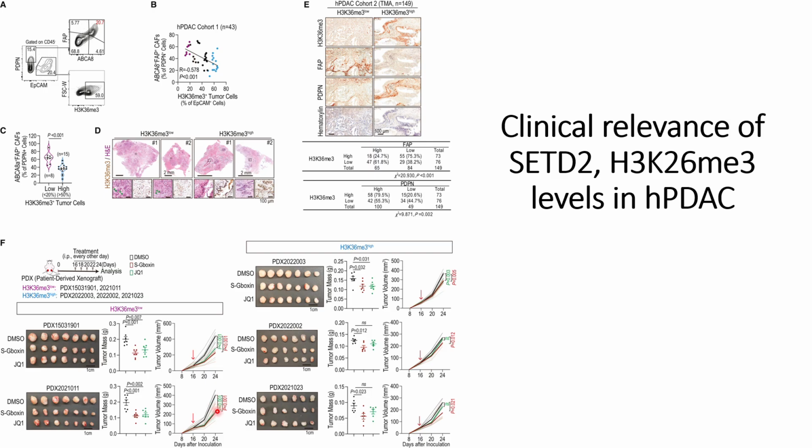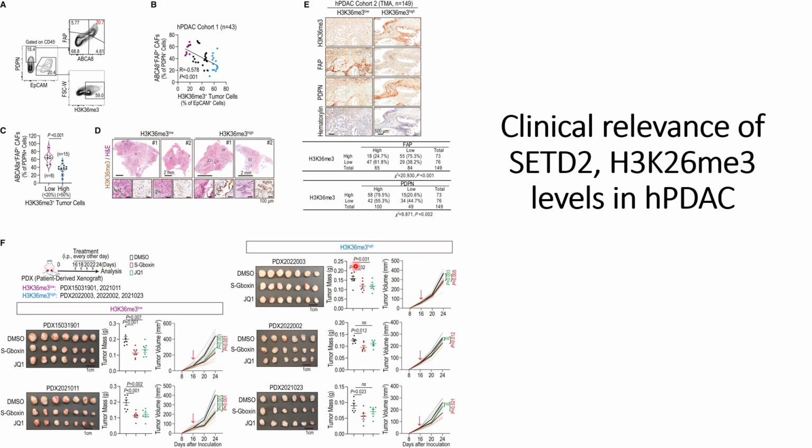That is, when the mouse gets injected with S globin and JQ1, they see a greater tumor volume reduction. And when they did a similar experiment in the patient-derived xenograft of H3K36me3 plus high cells, they found that the impact of S globin and JQ1 is not significant.